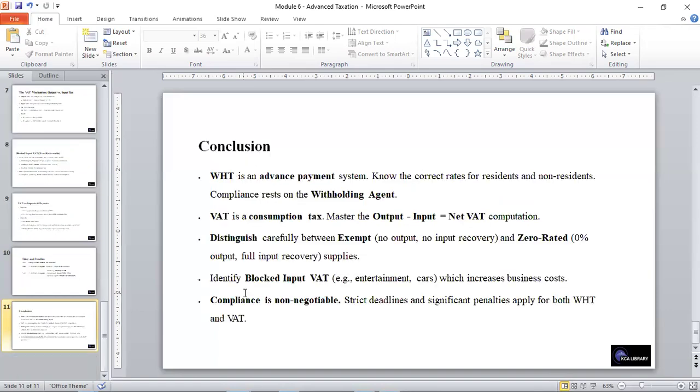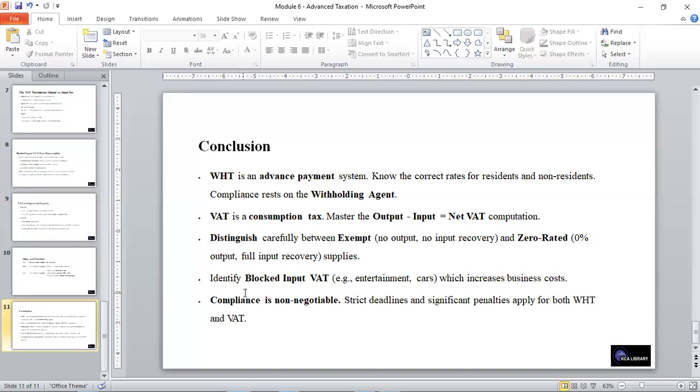In conclusion, withholding tax is an advance payment system. You need to know the correct rates for residents and non-residents, and compliance rests on the withholding agent. VAT is a consumption tax, and you need to master the computation as it relates to input, output, and net VAT.